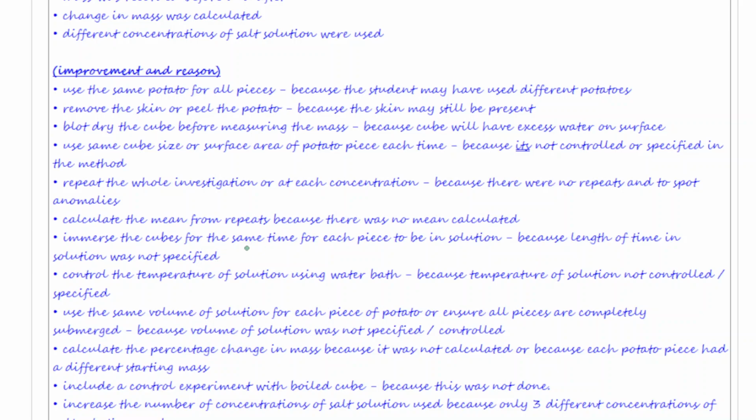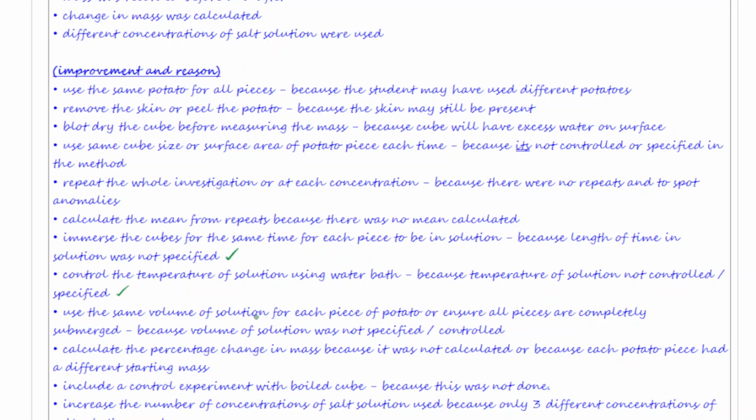Immerse the cubes for the same time for each piece to be in the solution, because the length of time in the solution was not specified. Control the temperature. That's also important because osmosis can be affected by temperature. Use a water bath, because the temperature of the solution is not controlled or specified.